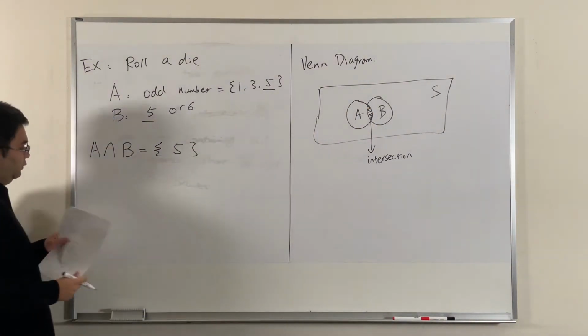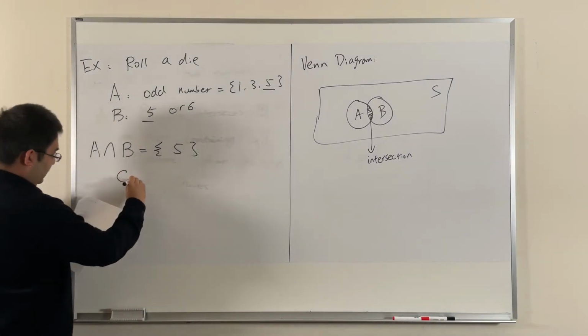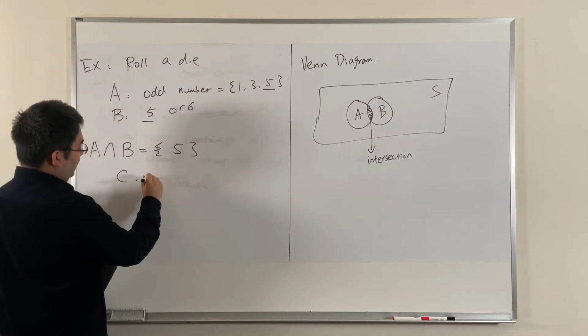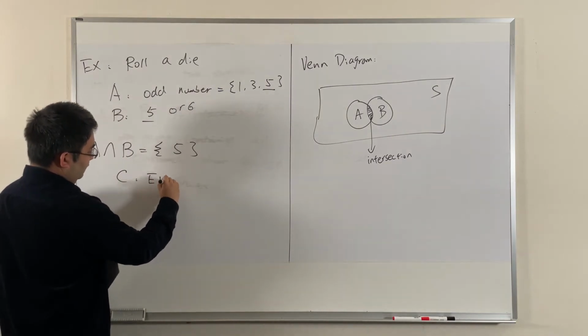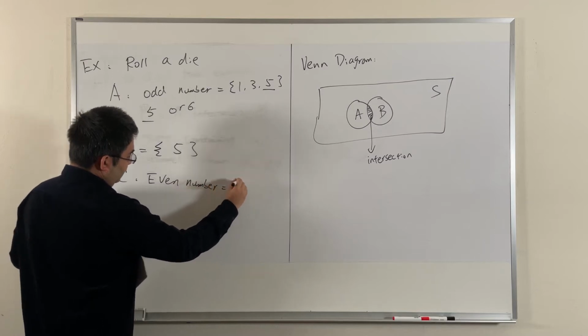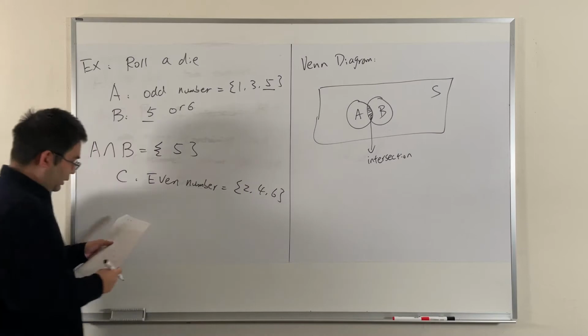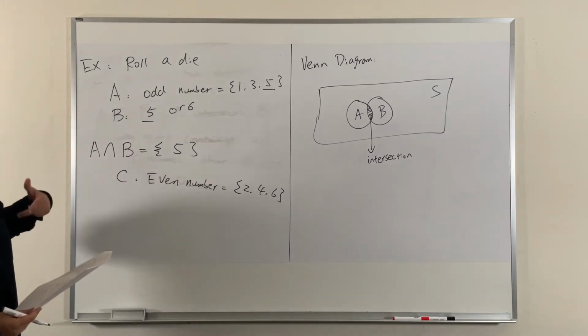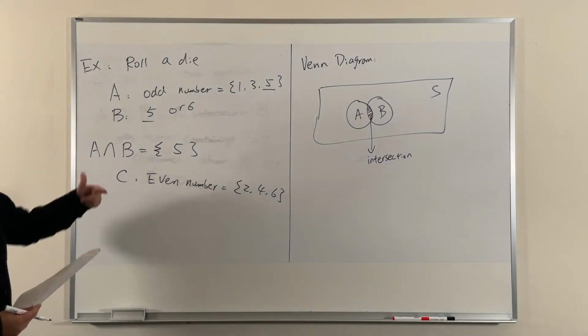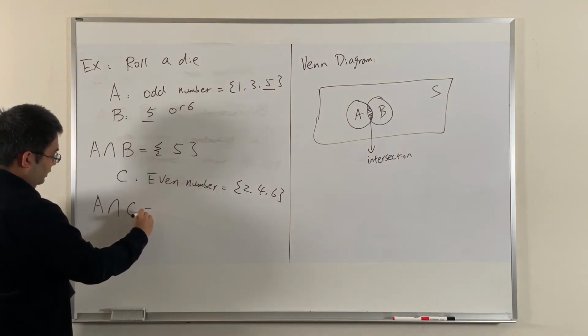Now, if we add one more event, C, the event that we get an even number, so that's 2, 4, 6. What's the intersection of A and C? What's A intersect C?